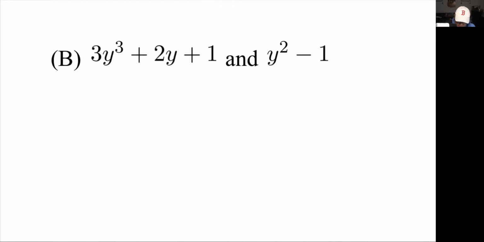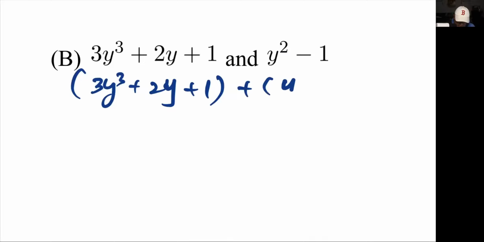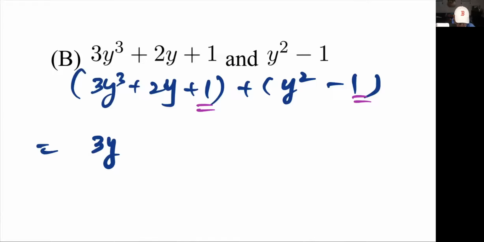Second one. Same thing. So here, 3y cubed plus 2y plus 1, add this. Now, what do they have in common? Well, they got nothing in common except these two. See that? So because there's nothing to add, just copy it down then, right? 3y cubed.